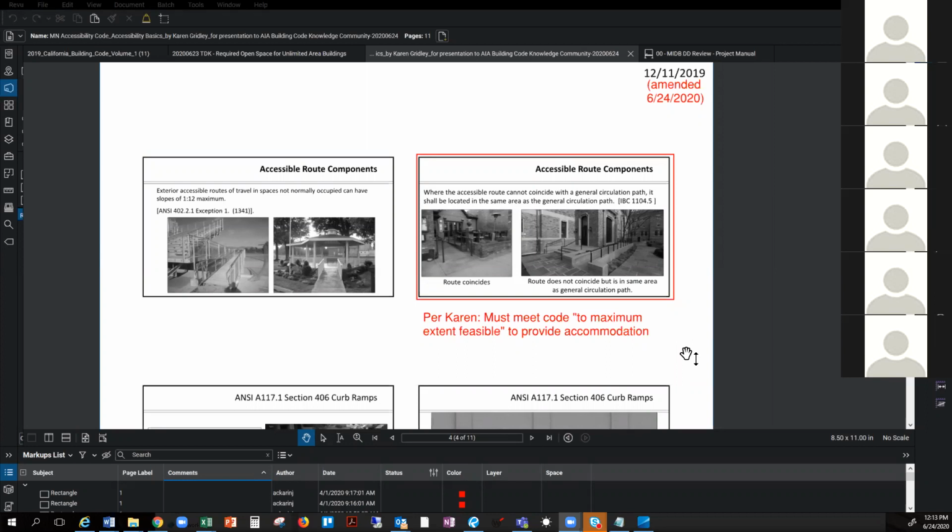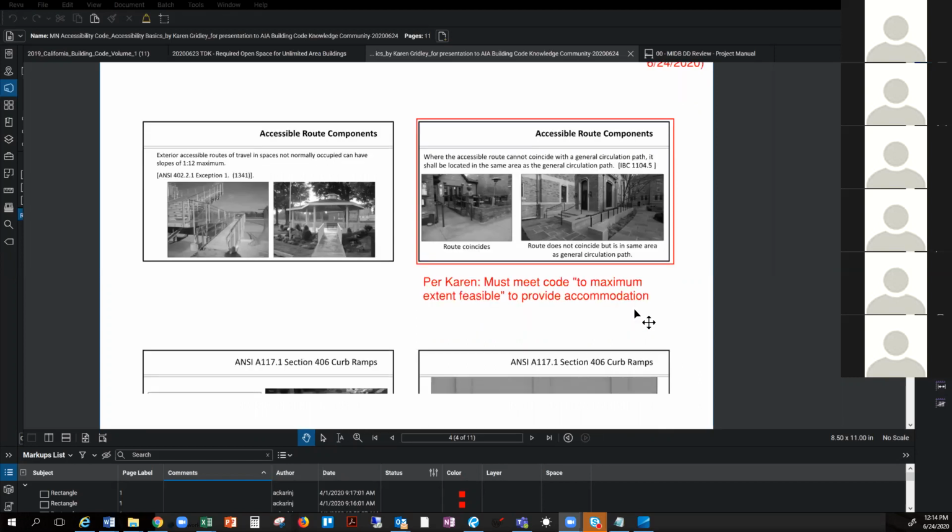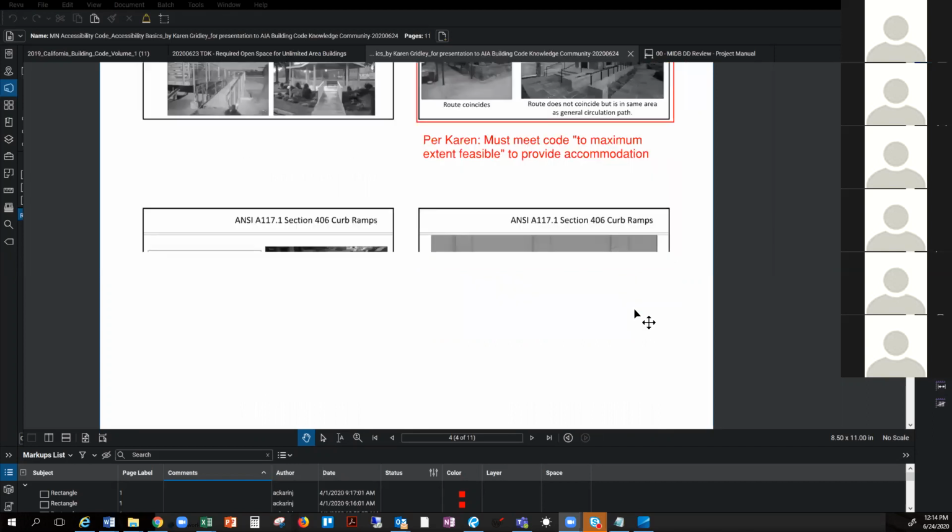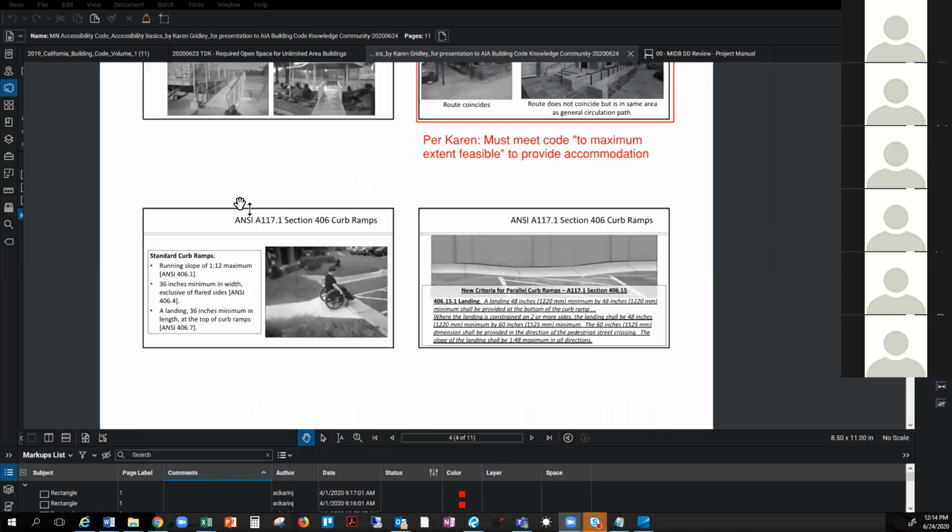So just note that all is not lost if you've got existing conditions and you're doing whatever you can to achieve those ramp runs. There are provisions in the code that give you a little bit of wiggle room. So really talking about the provisions that are already in the code. None of this has changed.